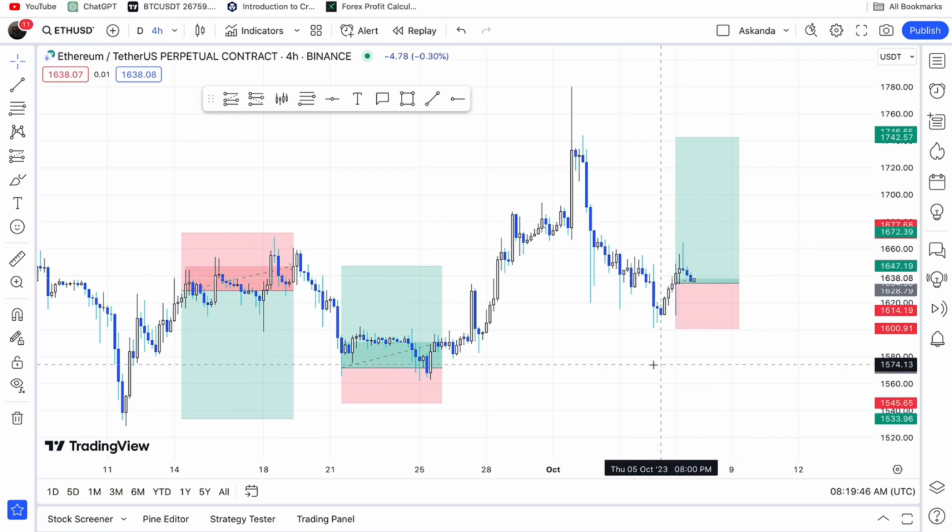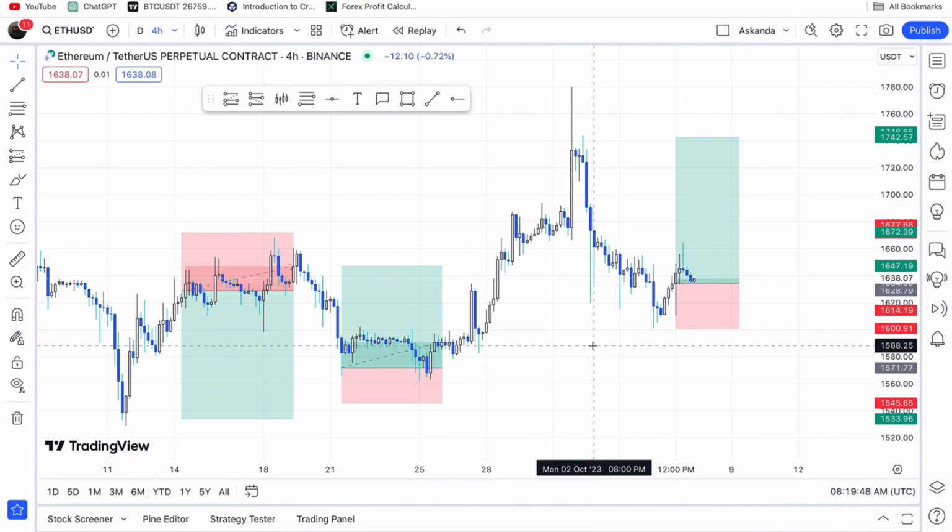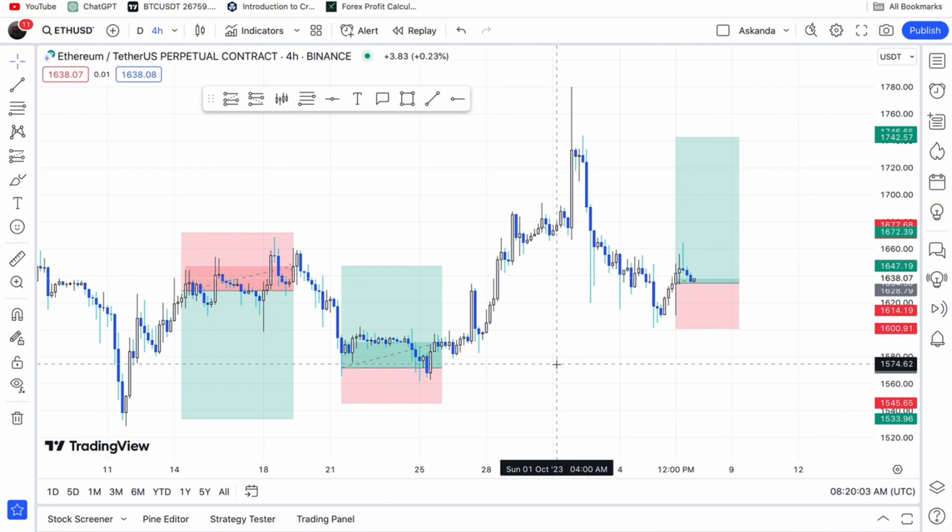So for me, anytime that I'm going to enter a trade, first of all, I go to investing.com to check for fundamentals. If you don't know what fundamentals are, they are external events, news that predict the direction of the market. Let's say they raise interest rates, it will affect forex pairs, it will also affect digital currencies.